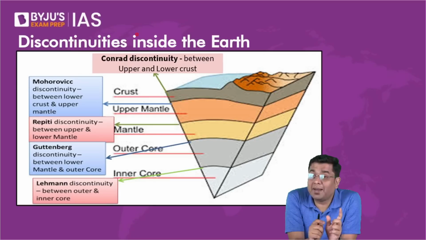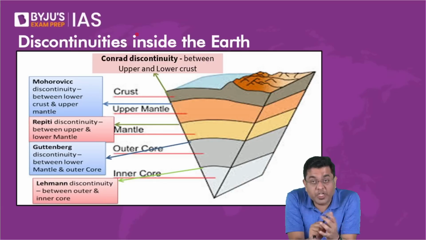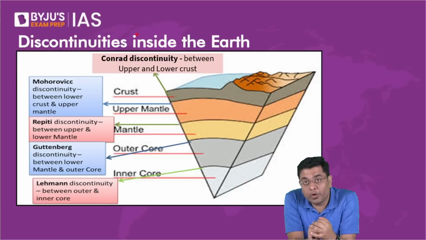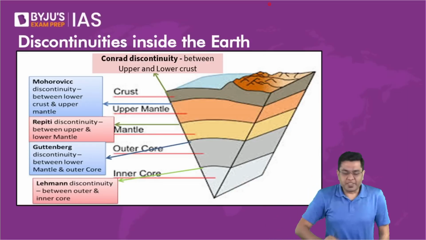Then the mantle is separated from the molten outer core by the Gutenberg discontinuity. And eventually, the molten outer core is differentiated from the solid inner core by the Lehman discontinuity.